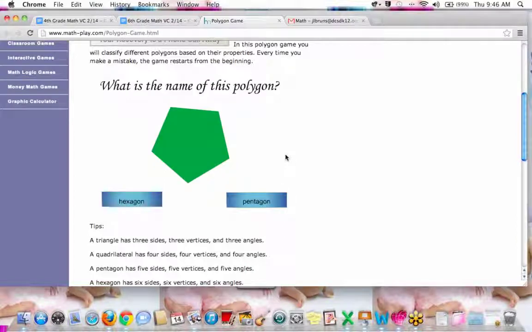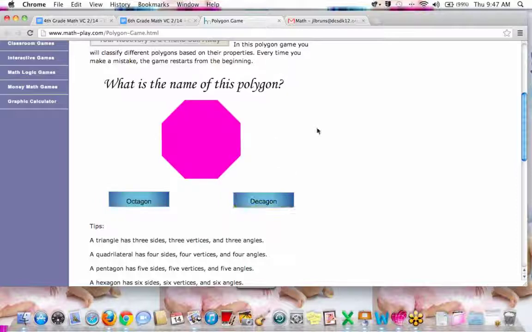What is the name of this polygon? You could just shout it out. Penta. Pentagon. Okay. Good. What is the name of this one? Let's go fast. Octagon. Octagon. Is there only 8 or is there 10? 1, 2, 3, 4, 5, 6, 7.